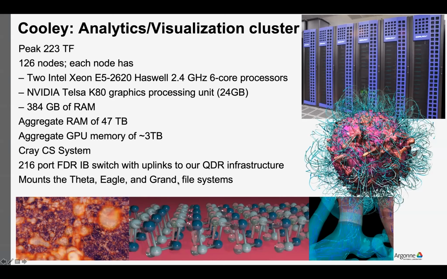It mounts all of the parallel file systems, in addition to the data file system, also Eagle and Grand, which are our shared file systems, which you may have already heard about. And so that's important, if you're going to be doing post-production visualization, you don't want to have to move data around. So being able to access the data where it lives is important. And it also shares a network with Theta as well.